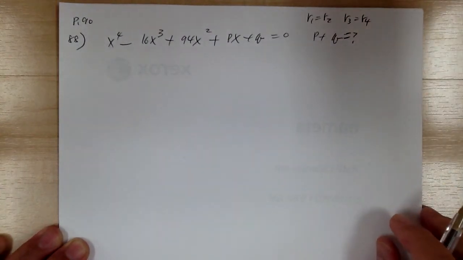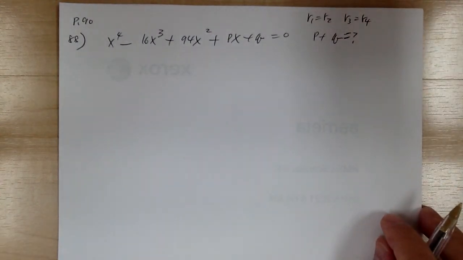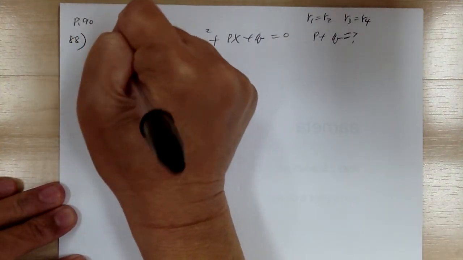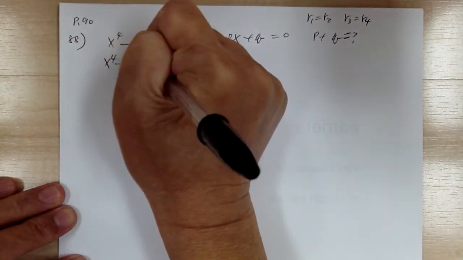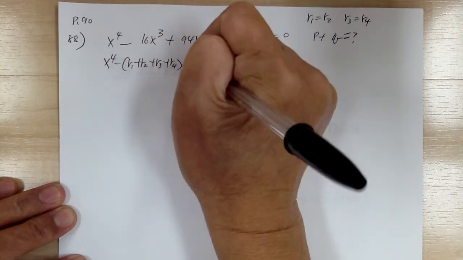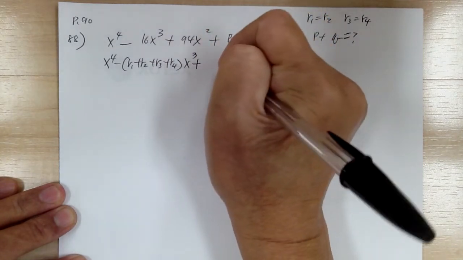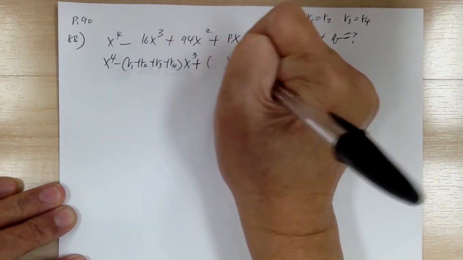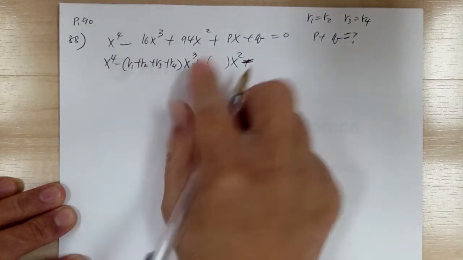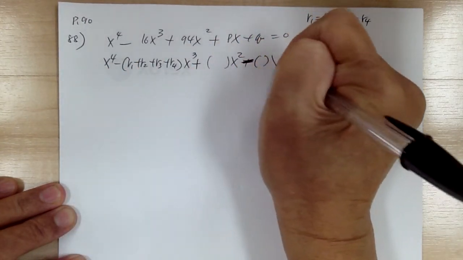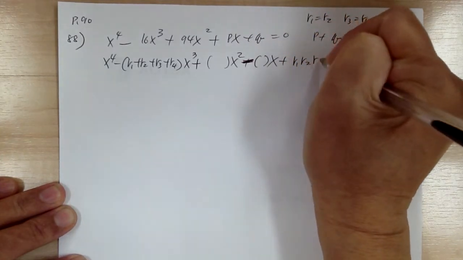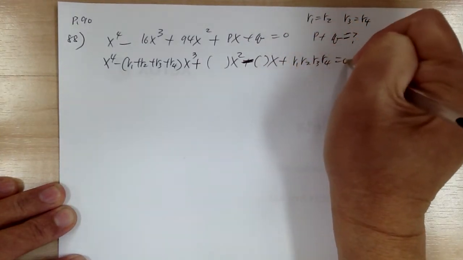If you write the root equation, you're going to have x to the 4 minus (r1 plus r2 plus r3 plus r4) x to the 3 plus this part of your x squared, minus, so it'd be plus minus plus minus something x plus r1 r2 r3 r4 equal to 0.